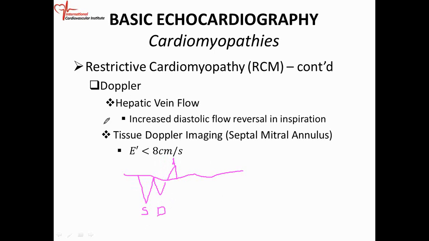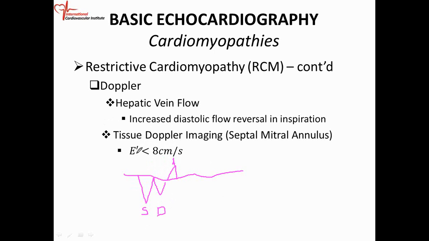When you do tissue Doppler imaging using the septal mitral annulus, it's going to be less than 8 centimeters per second because it's a muscle disease. Restrictive cardiomyopathy is a heart muscle disease. When you have heart muscle disease, your E prime, which is your tissue Doppler imaging.